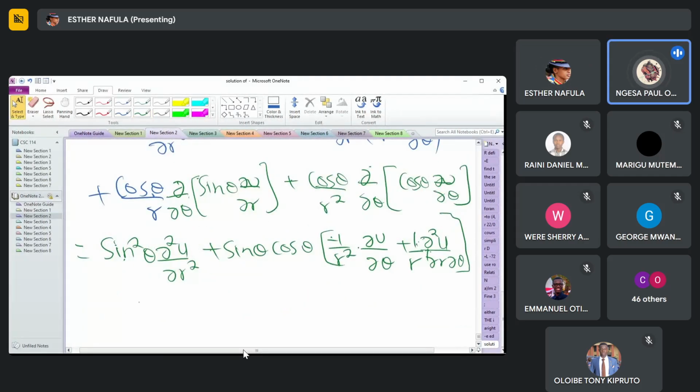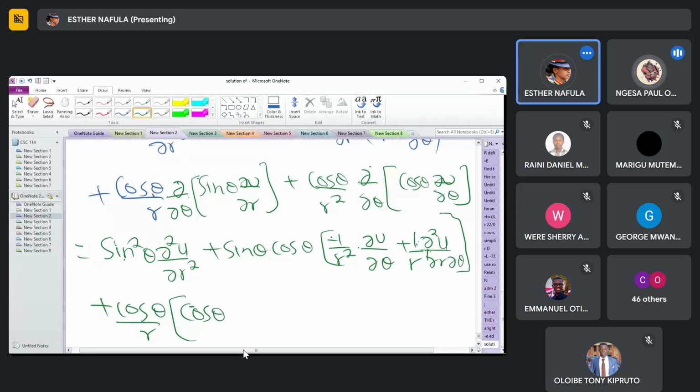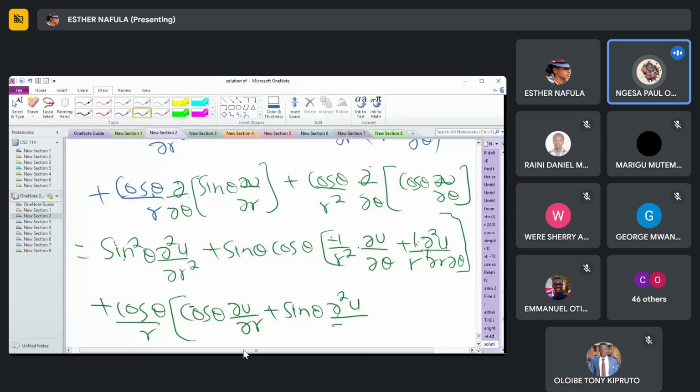Yes, plus cos theta over r into bracket cos theta partial u partial r plus sin theta partial squared u partial theta partial r.